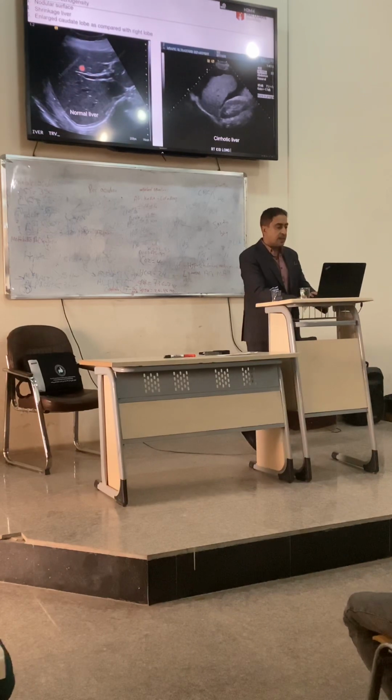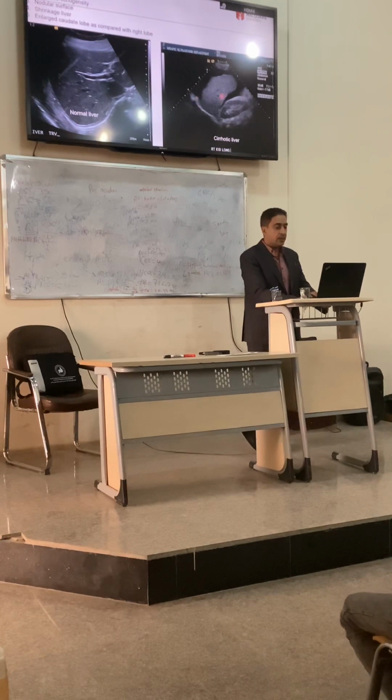It is homogeneous in the normal. But this one is heterogeneous. This is more black here, this is more white here, this is more black here. But the color here is normal. There are some biliary ducts and hepatic vein branches, but the whole liver looks homogeneous in color.